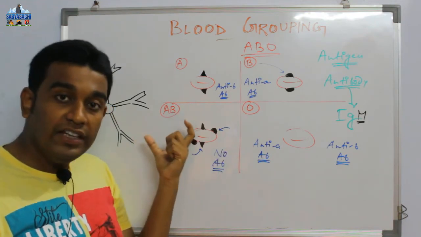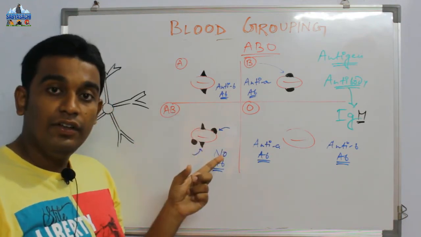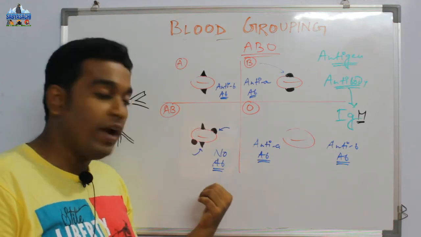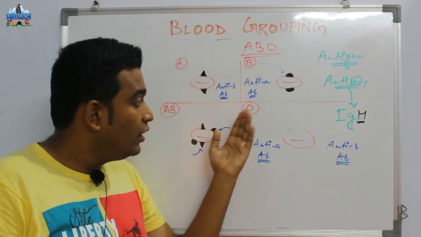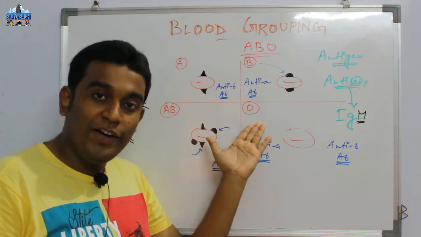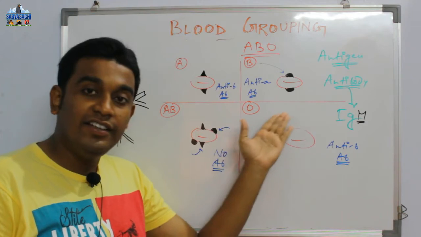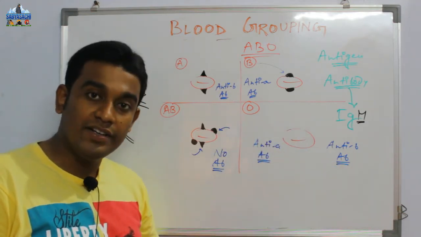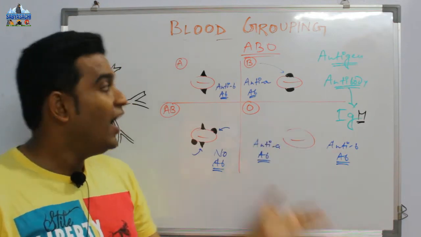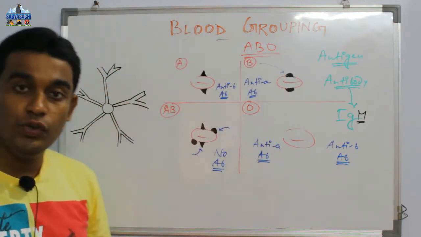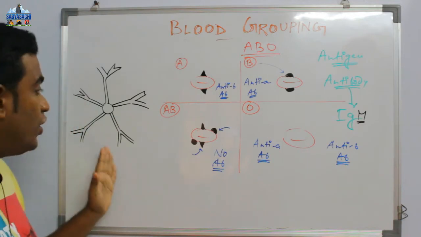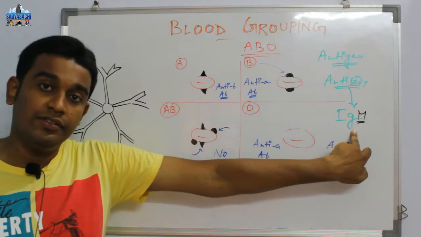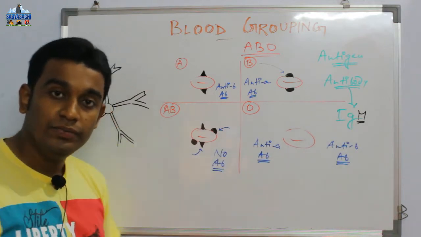AB blood group, since they have both the antigens, you cannot keep any of the antibodies. So no antibody here. O blood group, no antigens here. So both the antibodies are present, anti-A, anti-B. I hope that the whole picture is clear to you now. And the antibody, which is known as immunoglobulin, is of IgM class. I hope that makes sense to you, right?